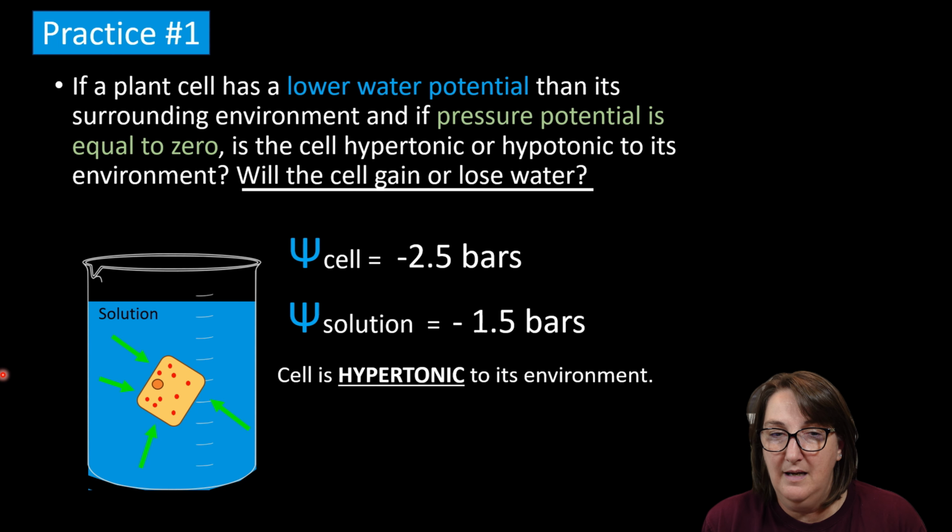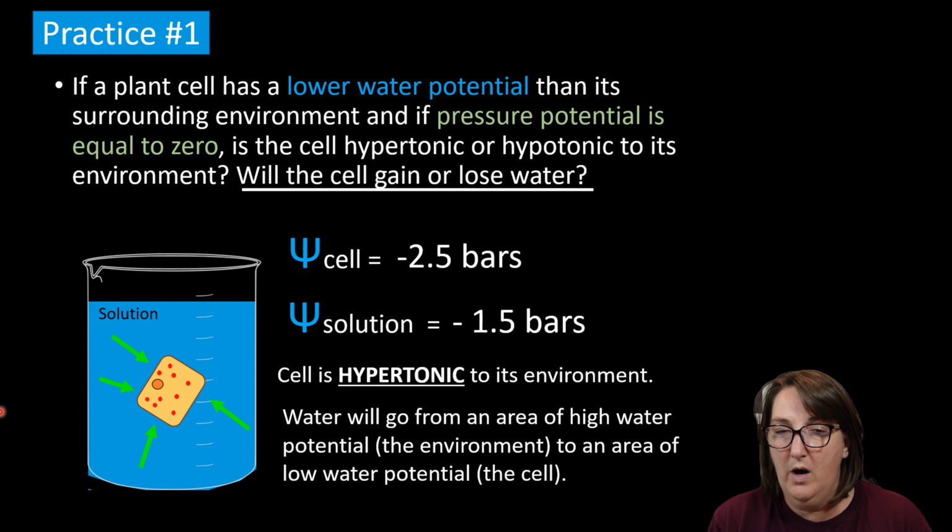It's going to gain. The cell is going to be hypertonic to its environment, because remember, I have more solutes than the other one, so it's hypertonic. Water is going to go from an area of high potential, which is the environment, to an area of low water potential, which is in the cell. I had less water inside the cell, so it's a low water potential.